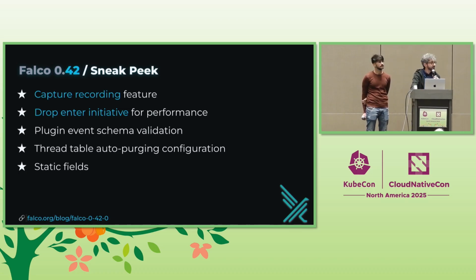And last but not least, we also introduced a very simple feature requested by the community that gives you the possibility to add some static fields to any rules. These fields must be defined at configuration time, and they can be useful in case you have some information on the host that must be shared alongside the events.